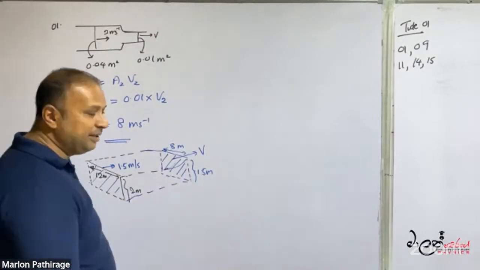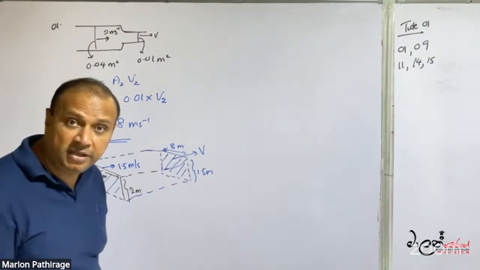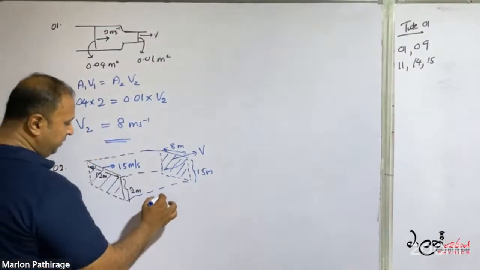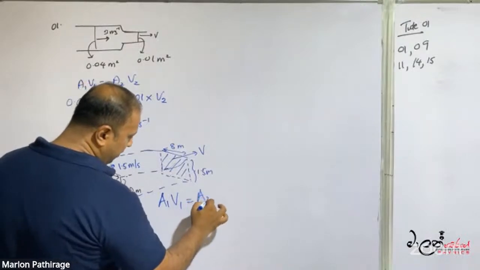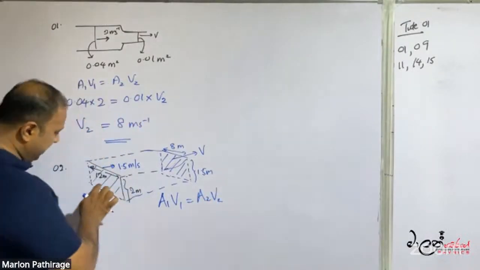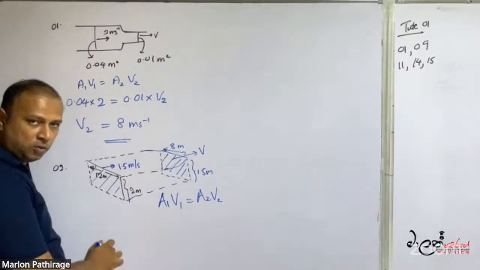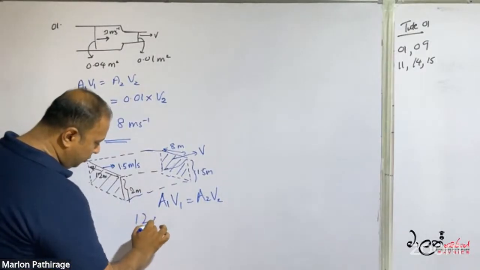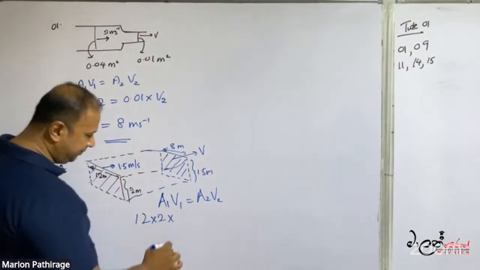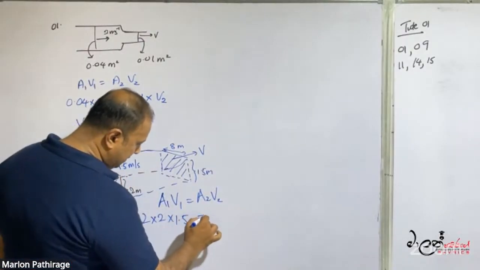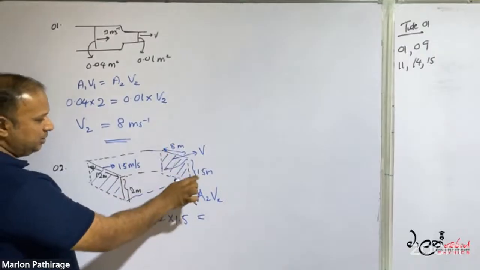Therefore, I can apply the equation of continuity. That means A1 V1 is equal to A2 V2. Here A1 is equal to 12 into 2, and V1 is equal to 1.5. A2 is equal to 8 into 1.5.